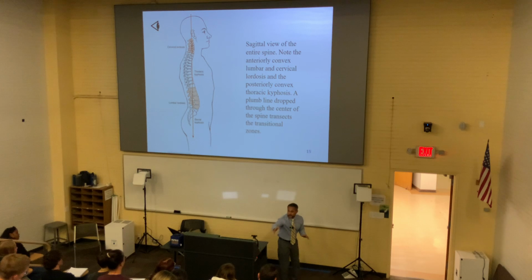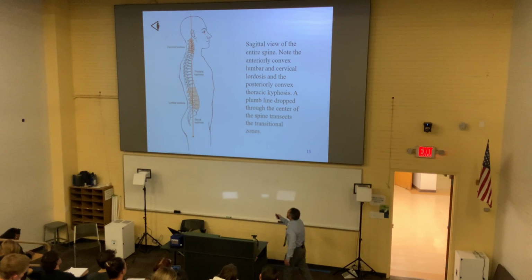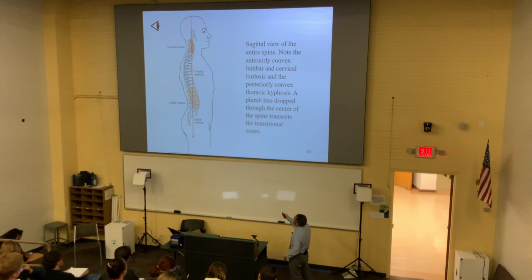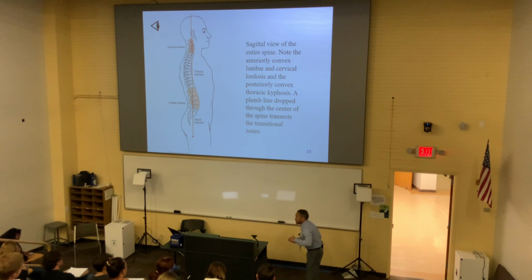It remodels and reforms based upon Wolff's Law that we've already learned, right? So when the infant lifts their head and starts looking around, that's when the cervical lordotic angle begins to develop in early childhood, early infancy. And the kyphotic angle, which is the original angle from embryonic development, stays.